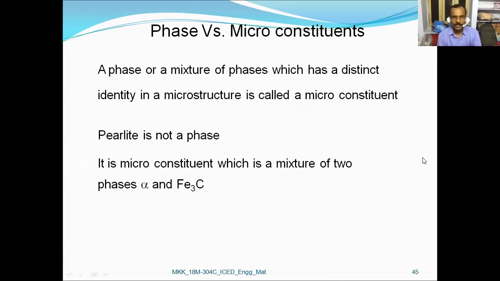So phase versus microconstituents. A phase or a mixture of phases which has a distinct identity in microstructure is called a microconstituent. Perlite is not a phase, it is a microconstituent, which is a mixture of two phases, alpha and Fe3C.